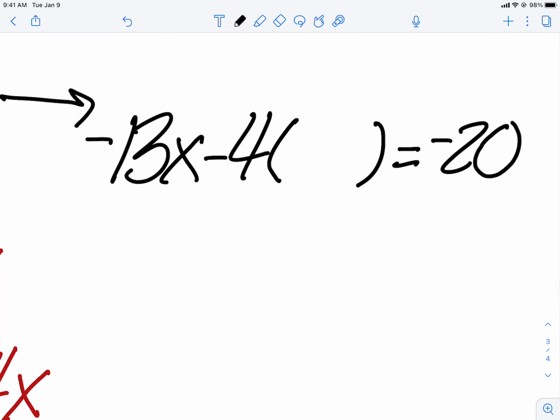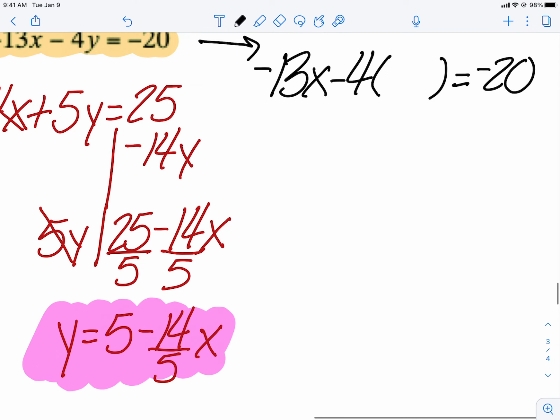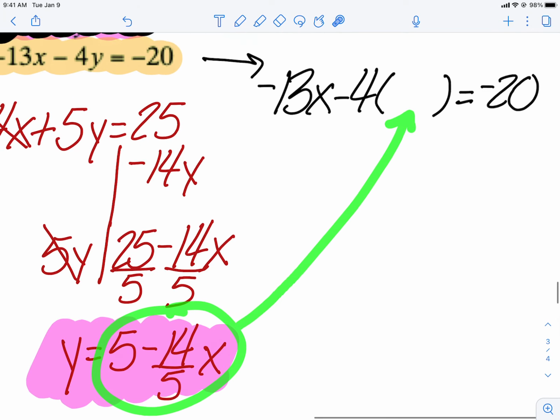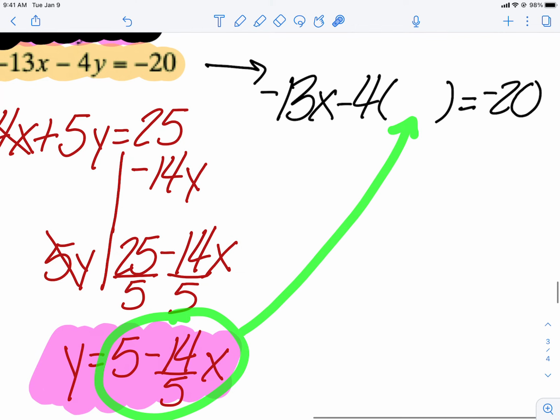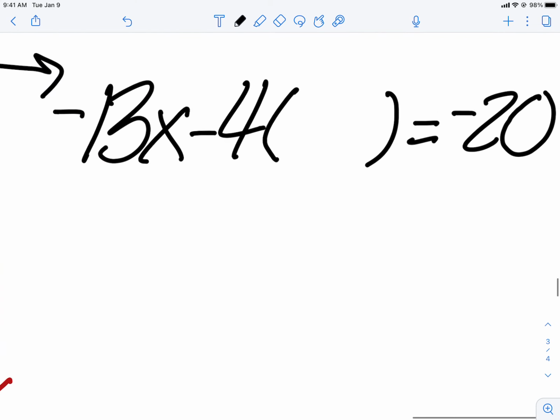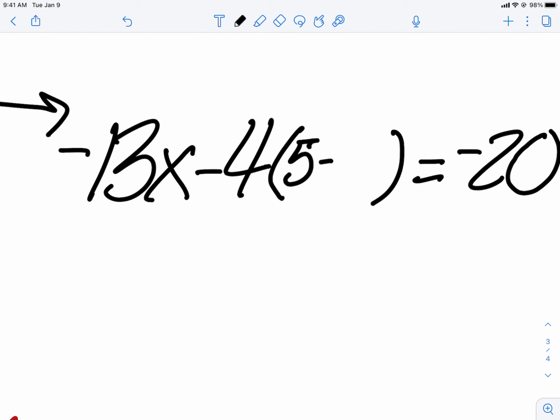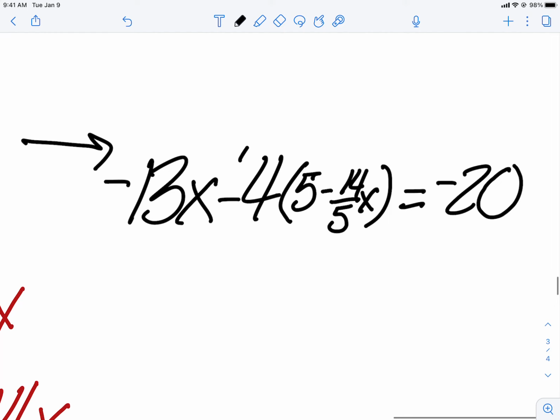Just like that. And like we said before, this dude right here is going to go right in there because that's what y is. Y is equal to 5 minus 14 over 5x. And now I got to distribute this negative 4 times 5 and this negative 4 times negative 14 over 5.